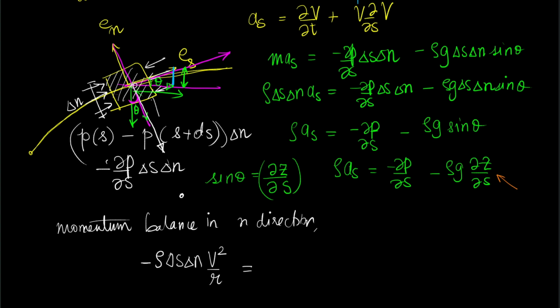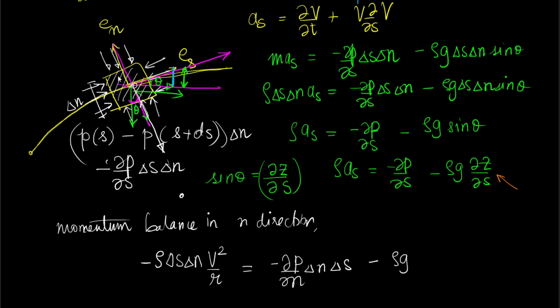So the force at this point will be P at n, and the force at this point will be P at n plus delta n. So it will be minus del P del n delta n delta S minus rho g.